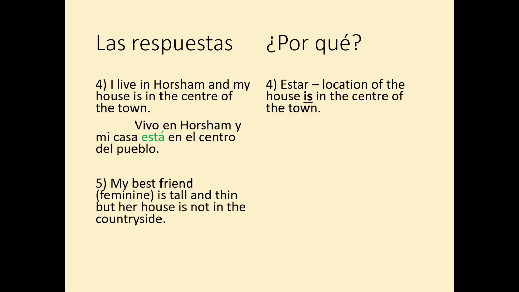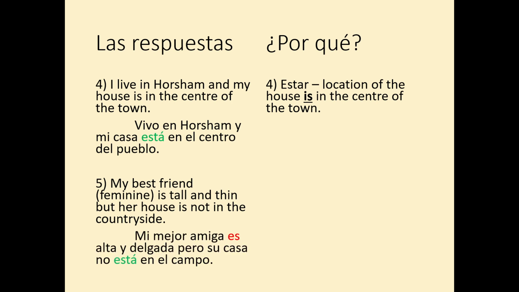Number 5, we're being really specific here. We're saying that my best friend is a girl, so she's going to be tall, she's going to be thin, but her house is not in the countryside. Mi mejor amiga es alta y delgada, pero su casa, we got our possessive adjective because the house belongs to her.